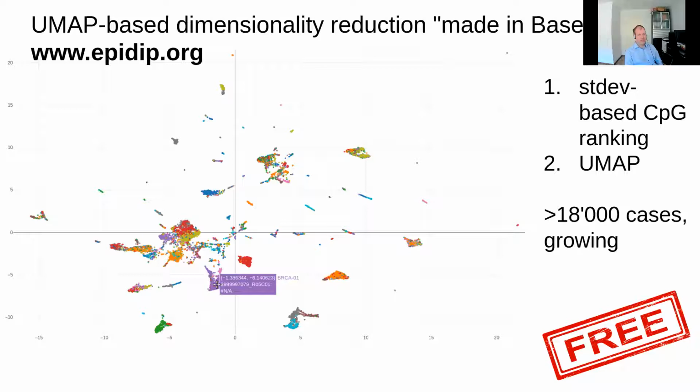So within minutes, we can actually run a case through that system against currently 18,000 reference cases that we collected from various repositories like Gene Expression Omnibus and the TCGA. And there you can now classify against whatever cancer has been deposited as IDAT files, as methylation files.